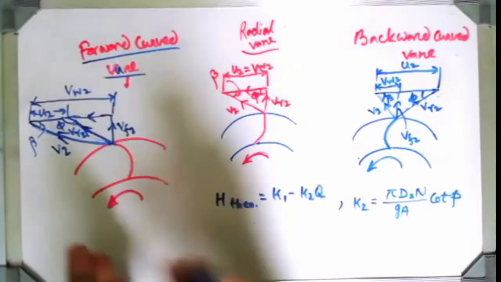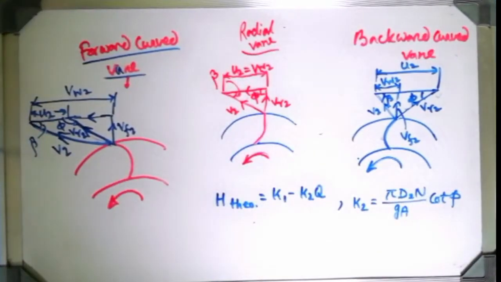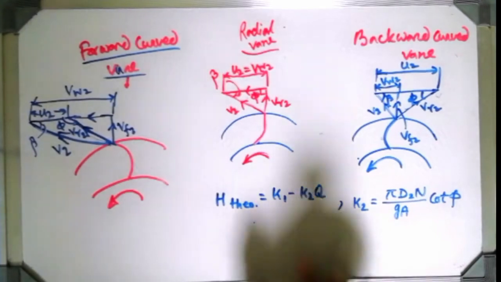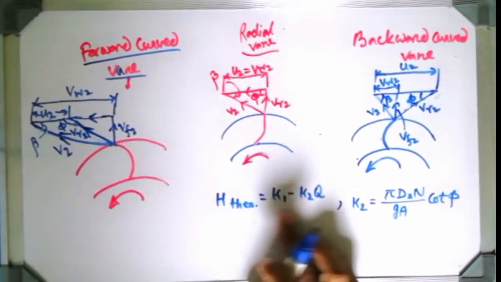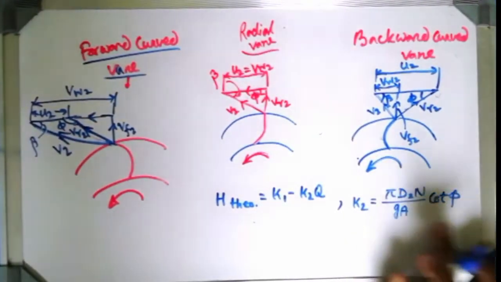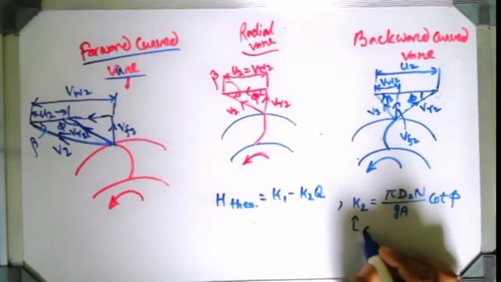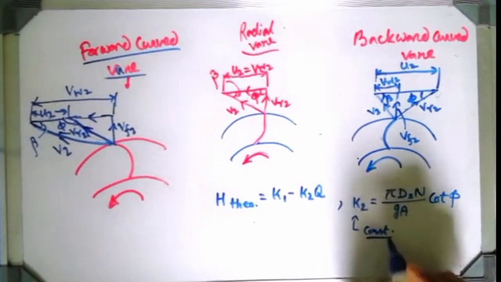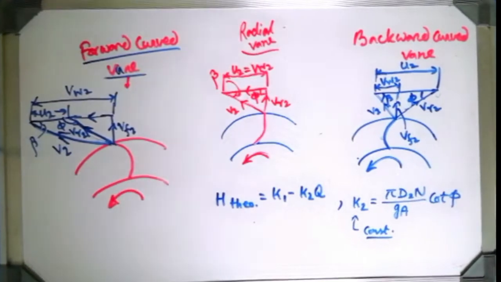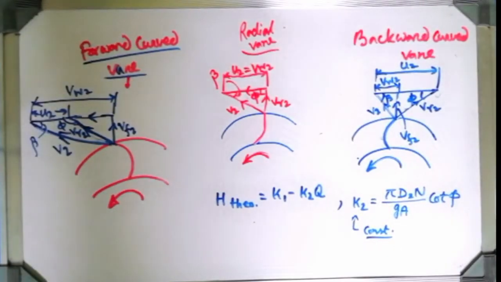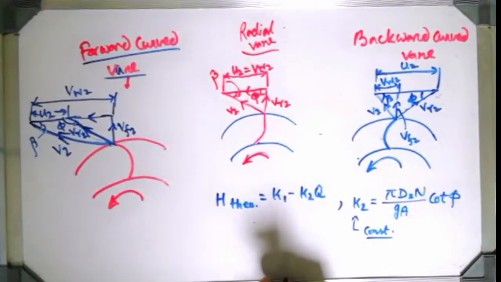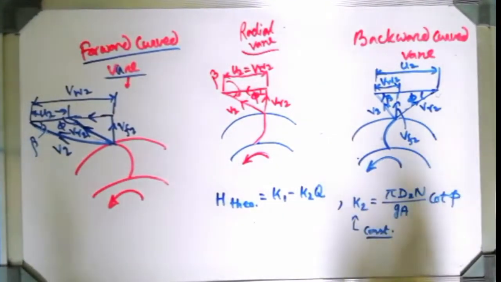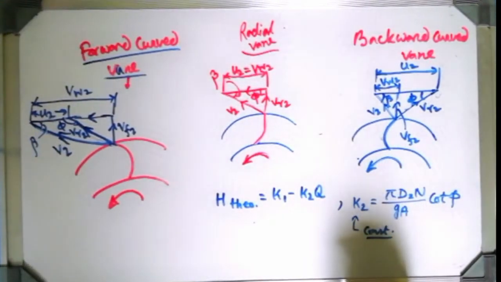I have already explained it just a few minutes before. Theoretical head, K1 and K2 are two constants, and K2 is this part. Obviously it is a constant. You can find it in the early part of today's lecture. So now see what factors you can see over here.